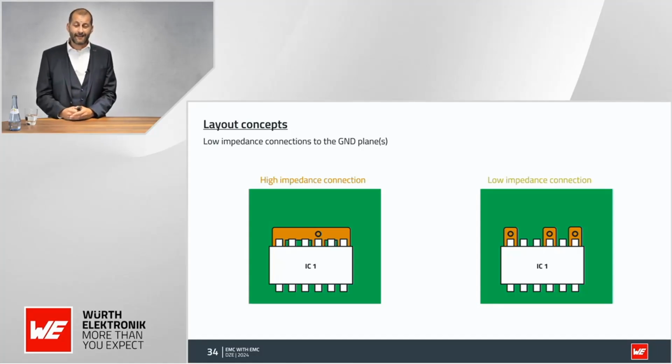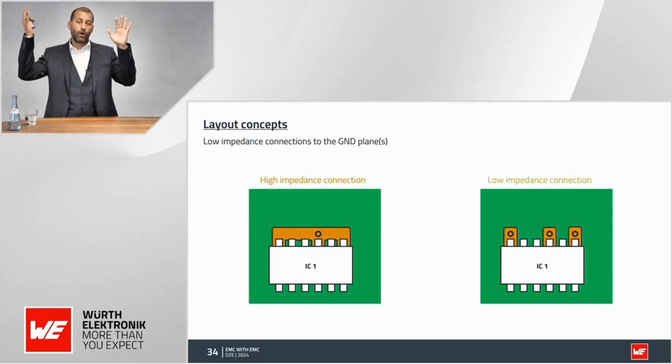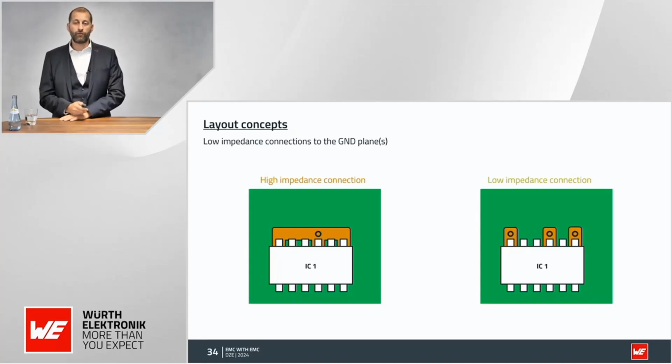If the inductance is quite high, the outcome is going to be quite bad, because most often high frequency noise is going to choose the path of least impedance. So some parts will travel the direct way you anticipated, and other parts will go somewhere really odd, different from what you were thinking about.